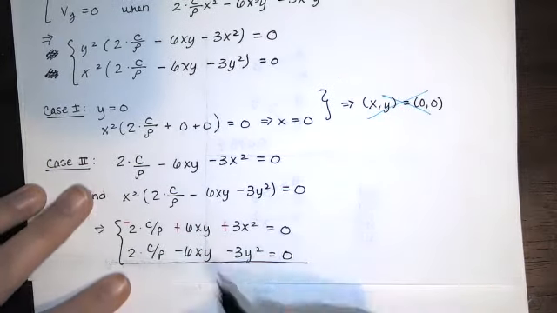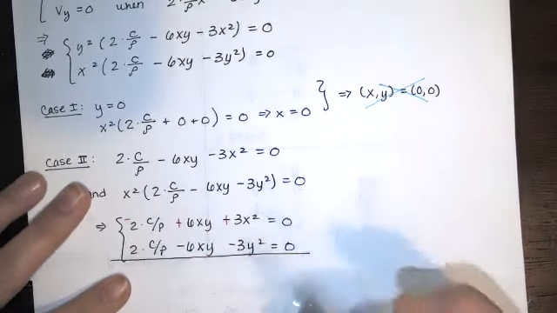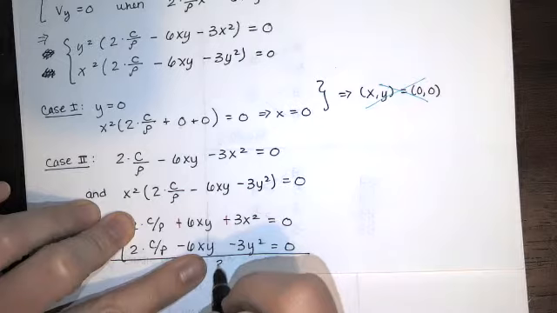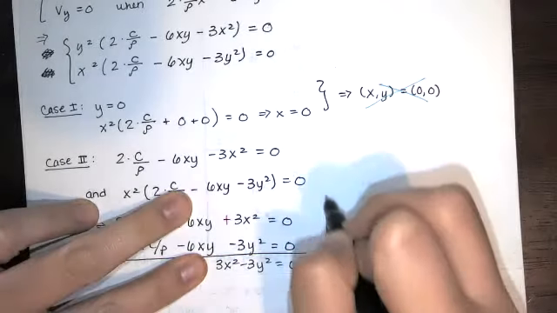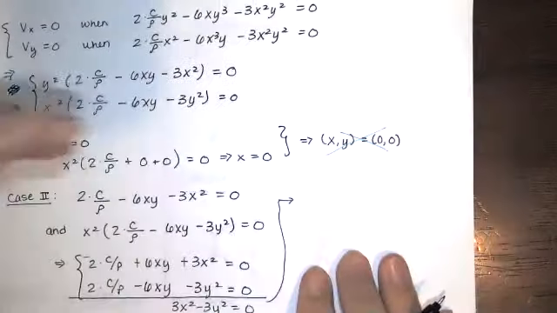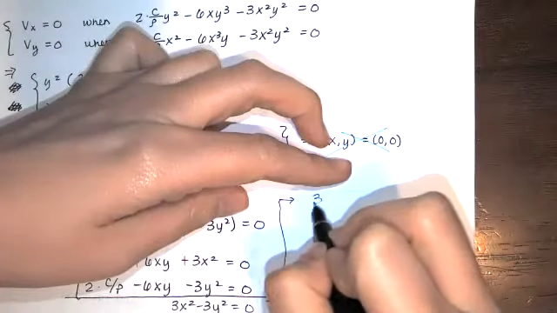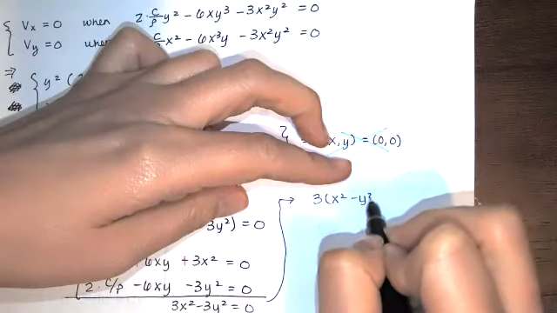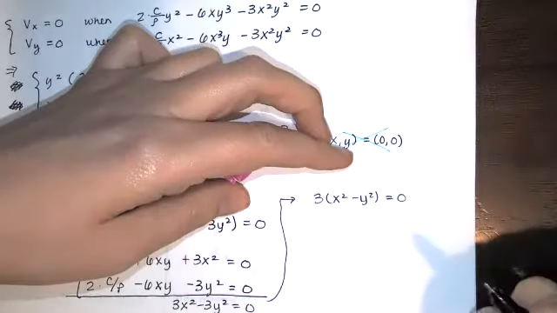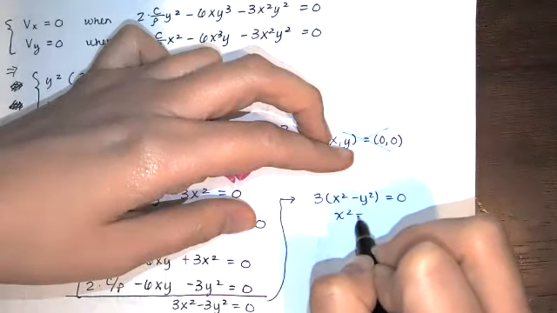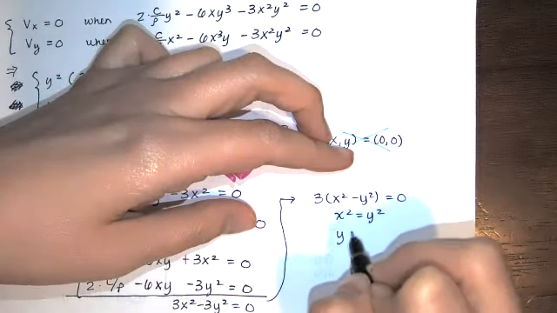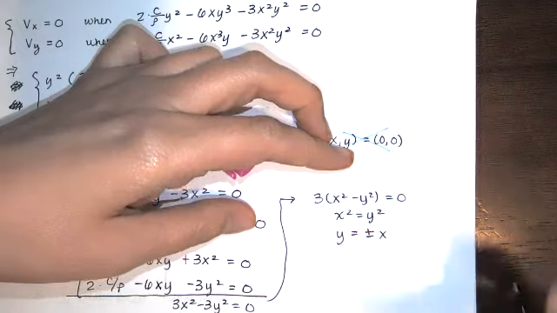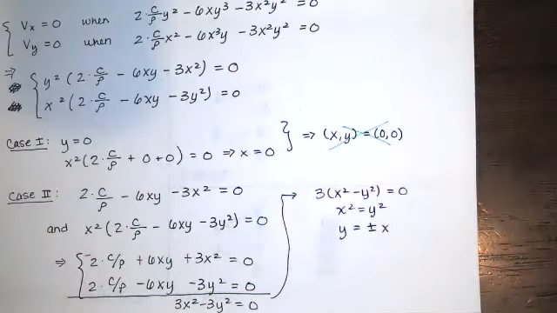Then the constants reduce, then these guys reduce, and we just end up with 3x squared minus 3y squared equals 0. We must have that, and that means that x squared must equal y squared. And that means that y must equal plus or minus x if you take the square root of both sides.